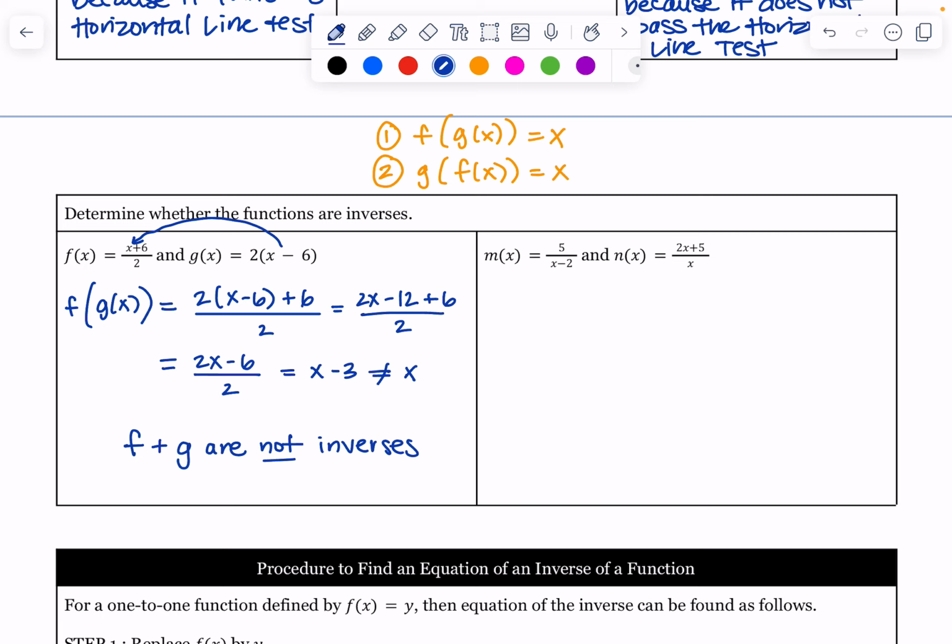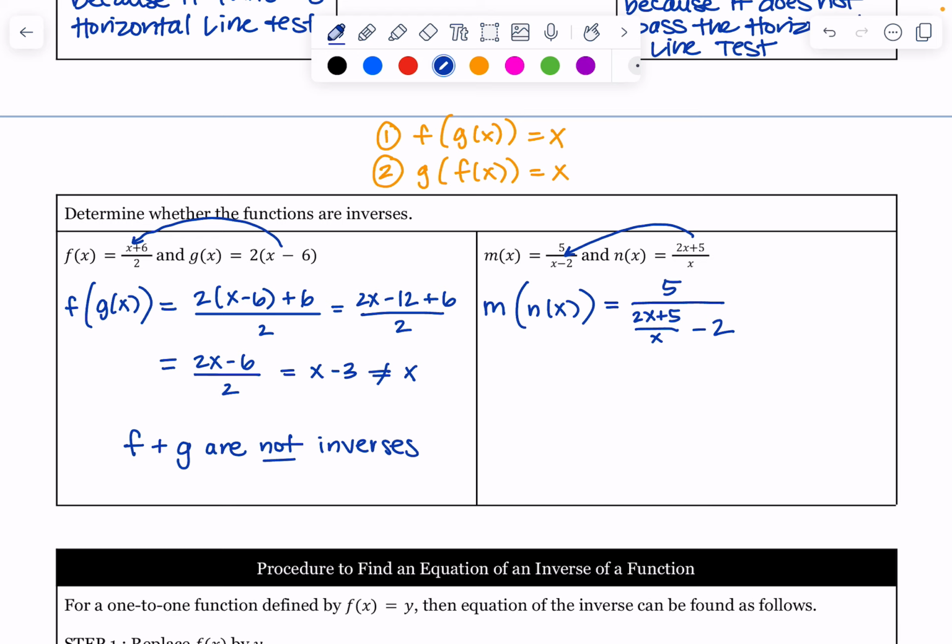Okay, for this one, I hope you understand, m and n would be the same thing as g and f, but let's do m of n of x. So we're going to take n and plug it in for that x right there. So that's going to be 5 over 2x plus 5 over x minus 2. We need to try to simplify that. That looks really hard.